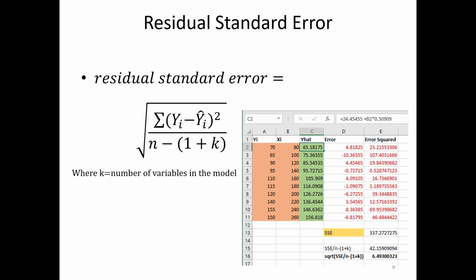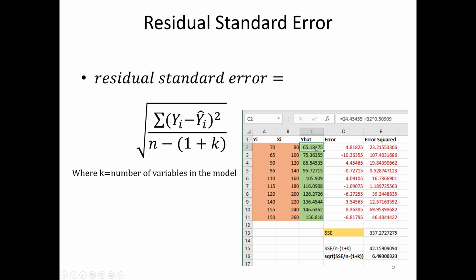So here, we don't need to do this typically. R will do this all for us, but I'm just showing you the mechanics here. In column A, I have yi, or our observed values of y. Column B, I have the observed values of x.